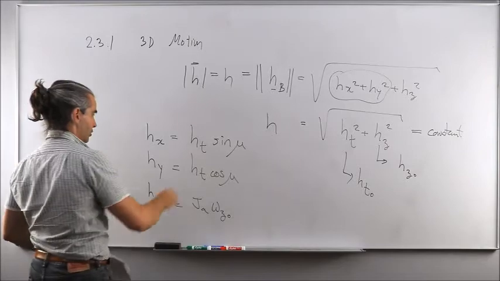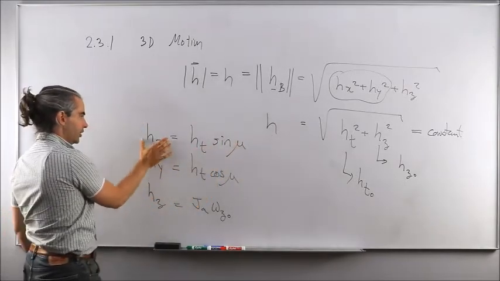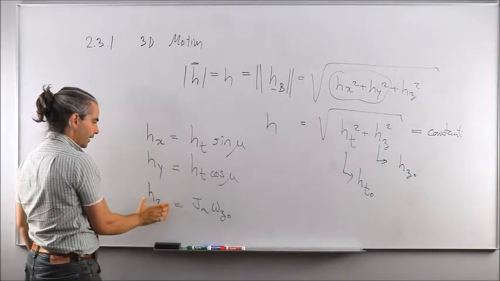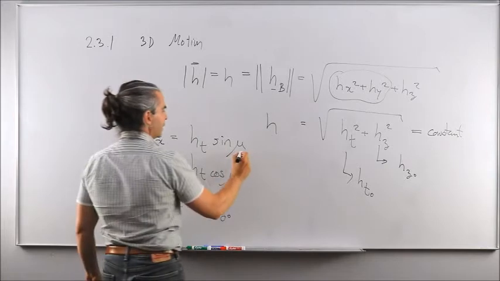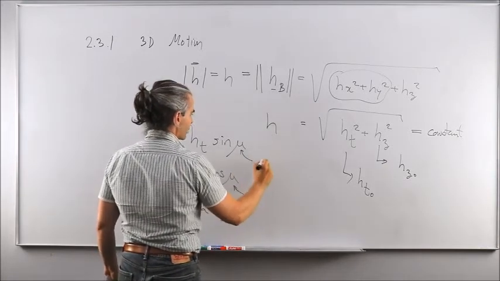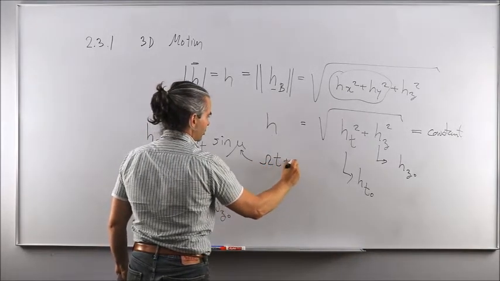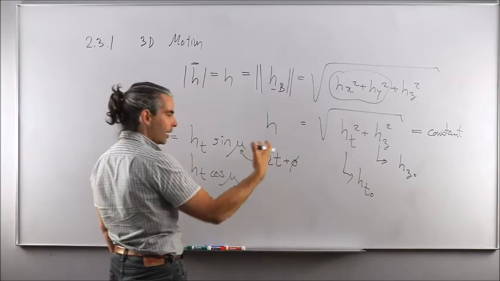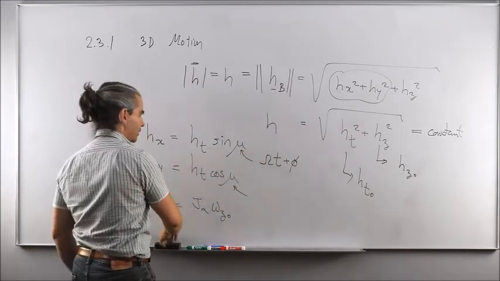So these are the analytical expressions that allow you to calculate hx, hy, and hz at any point in time, because time is part of mu, right? Because mu was the relative spin rate times time plus the initial offset between the b-y unit vector and, in that case, the transverse angular momentum.